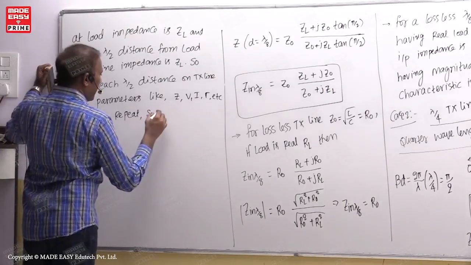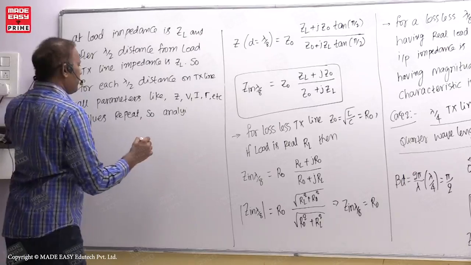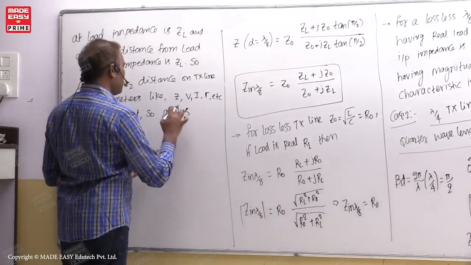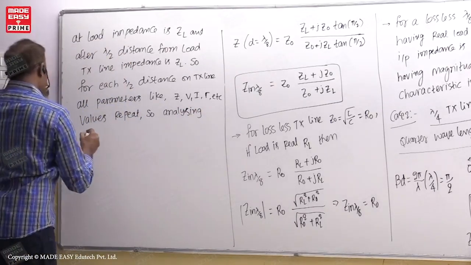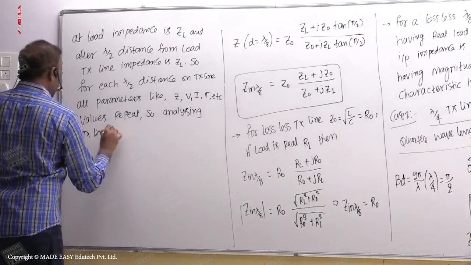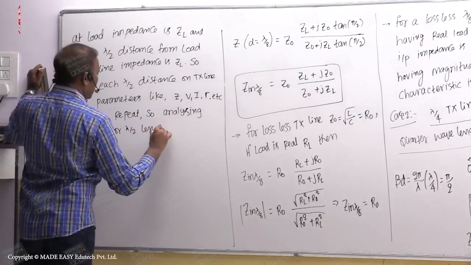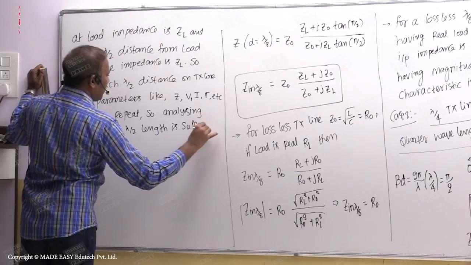So analyzing the transmission line for lambda by 2 length is sufficient.